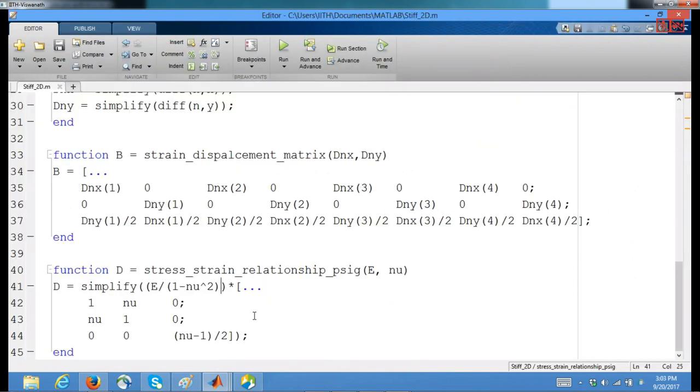Then what I will do is I will construct my K matrix.